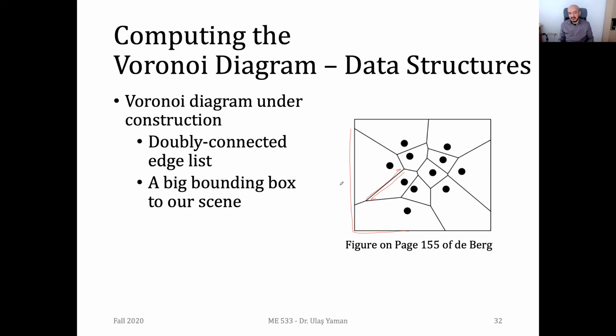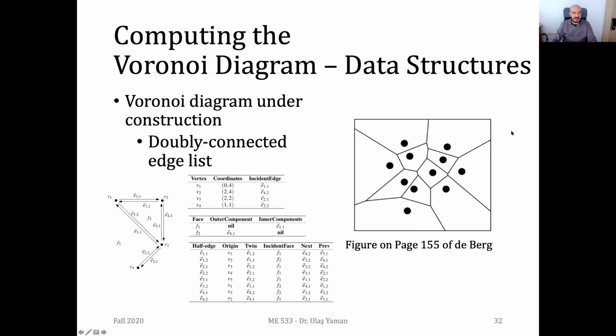So what happens if you don't have a bounding box? We know that these lines will be going to infinity and they will be considered as half lines. So in order to make it simpler and implementable, we need to have a kind of a bounding box around our, let's say, Voronoi sites. So here is the doubly connected edge list. And this data structure is a bit complicated.